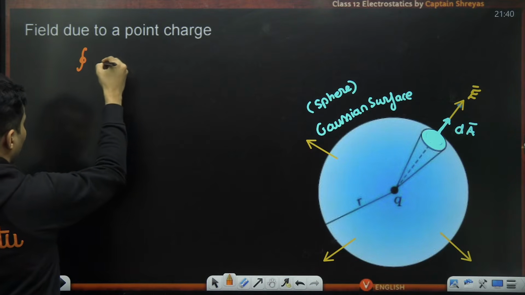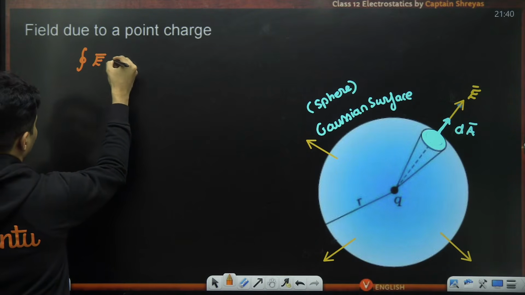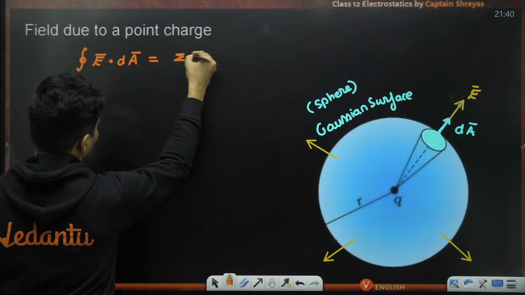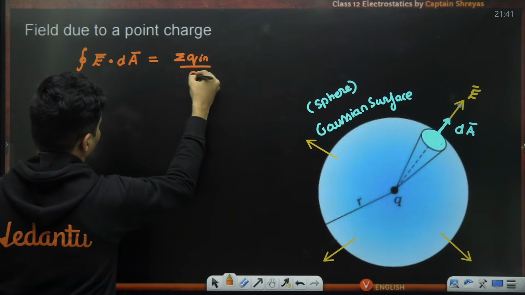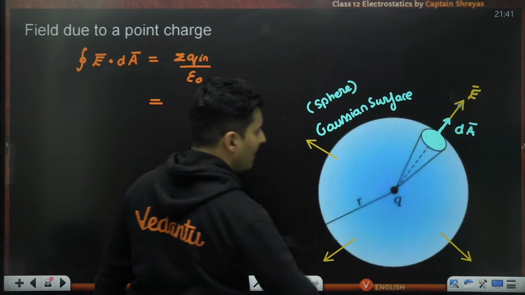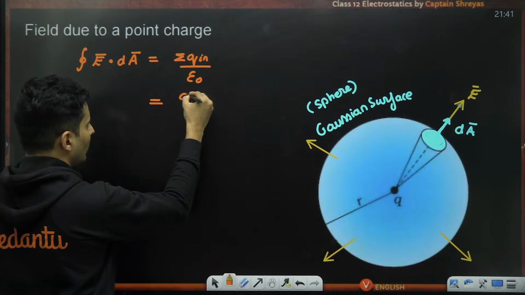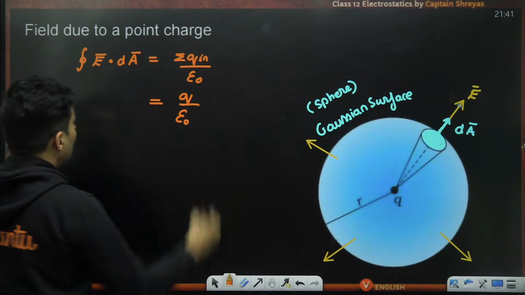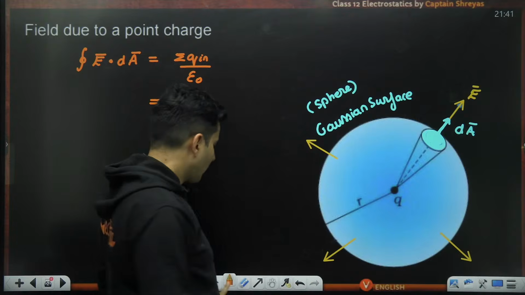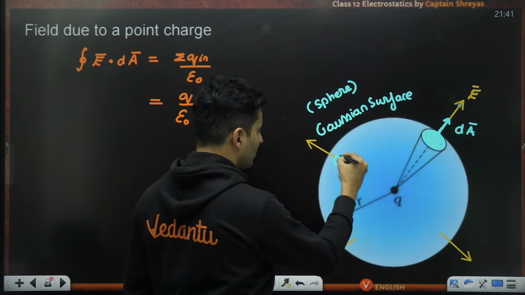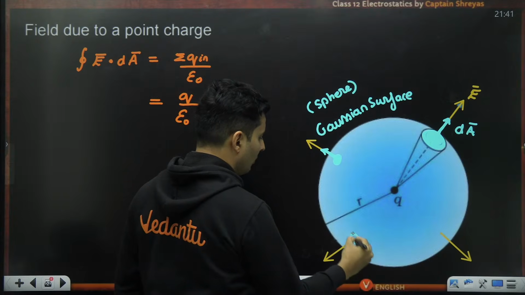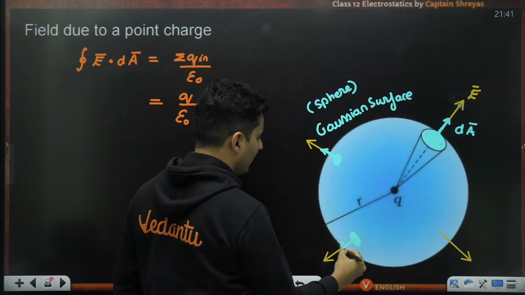Cyclic integral of electric field dot area vector will be net charge inside by epsilon naught. The total charge present inside this imaginary sphere is only one singular charge, which is Q. No matter where you go, even if you go over here and you see the area vector, that area vector will be like this.